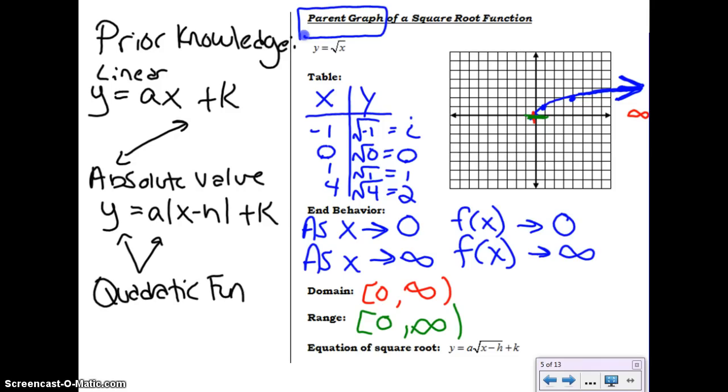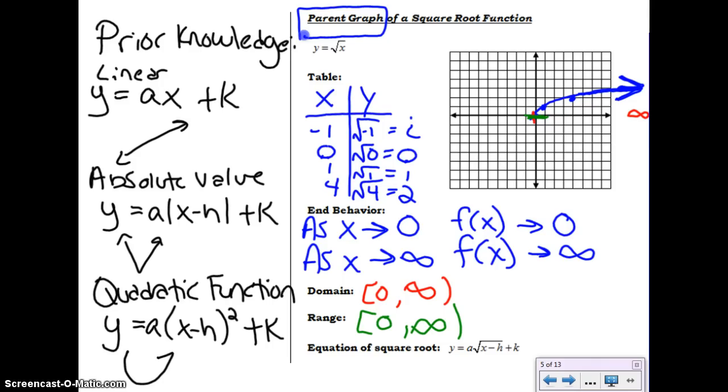The quadratic function was y equals, and then we had x minus h in parentheses with a square, and then plus k. And we have the a in front. So all of these follow the same pattern. They just look a little different. The quadratic function was the parabola shape.